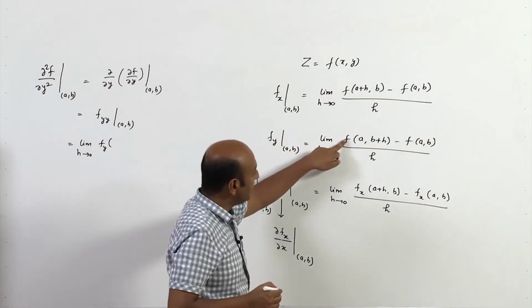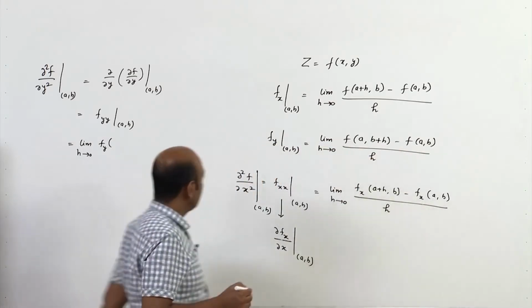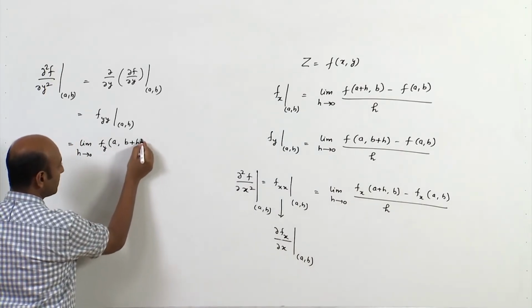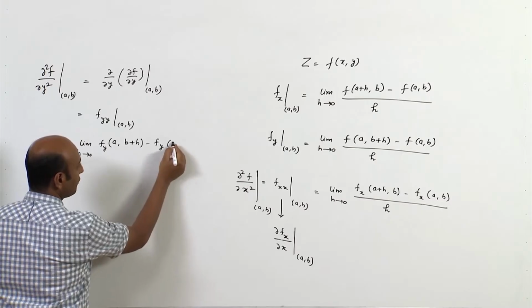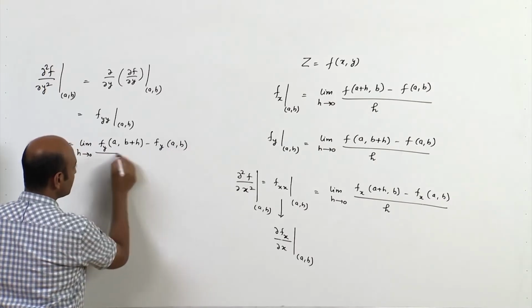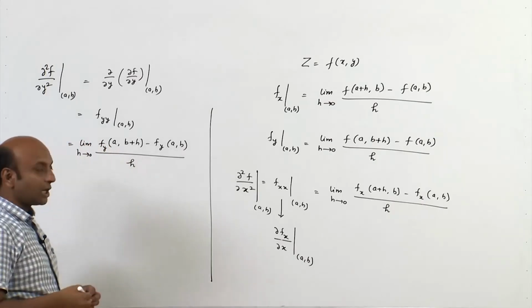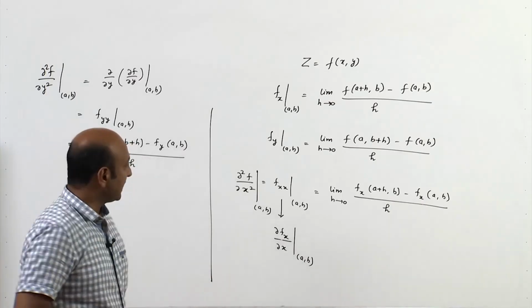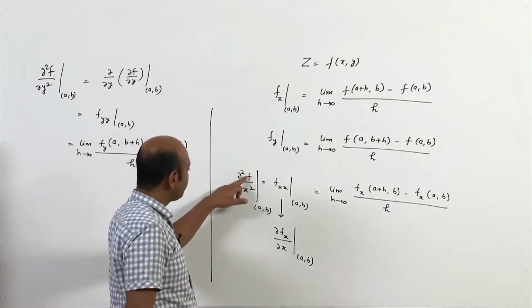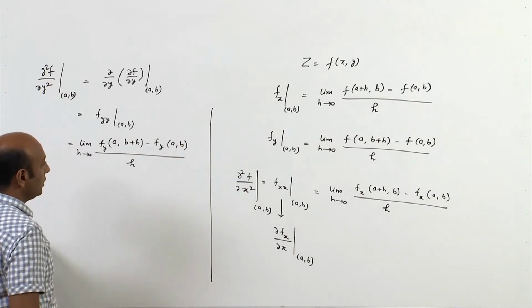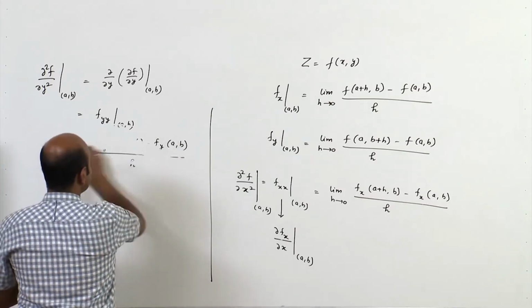So you simply replace f by f_y. This is how we can define the second order partial derivative of f with respect to x or with respect to y.